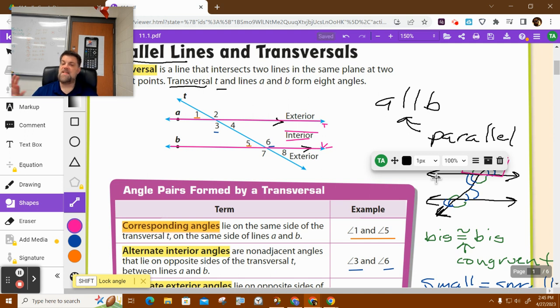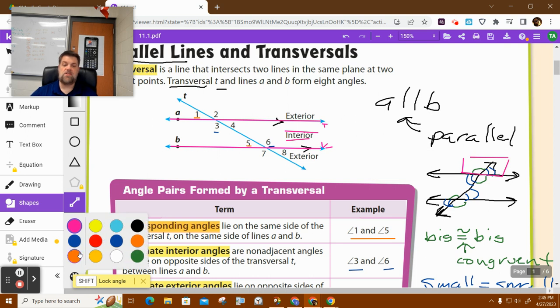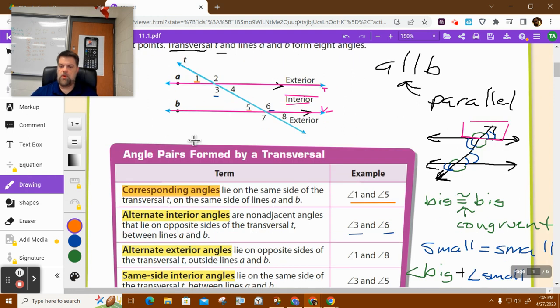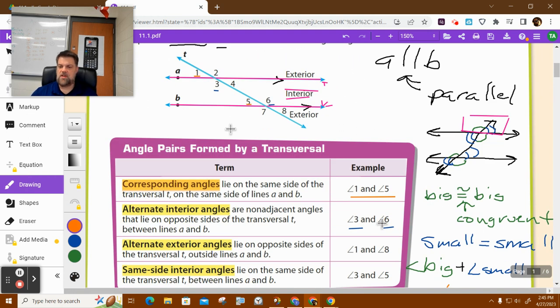And alternate means they have to be on the opposite side of the transversal. The transversal is this line right here. 4 and 5. Do you guys see that? So 3 and 6 and 4 and 5. Maybe I should write some of these down. So corresponding angles, alternate interior, so angle 4 and angle 5.